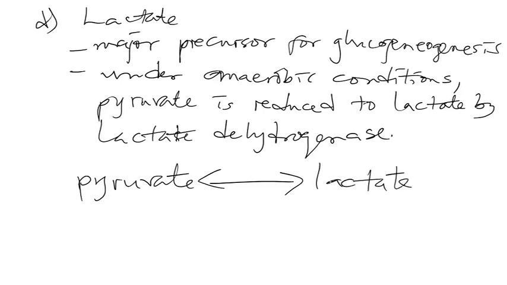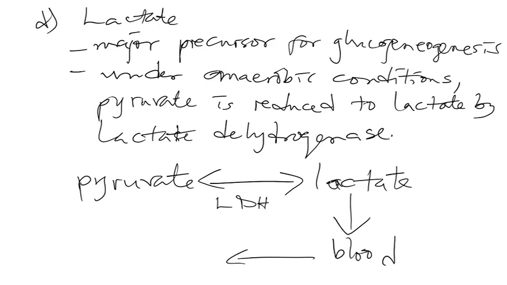So the lactate dehydrogenase enzyme converts the pyruvate into lactate, and remember this is in the muscles, and from the muscles this is then able to permeate out of the muscle cells into the blood, and then it's taken to the liver where it's converted back to pyruvate.